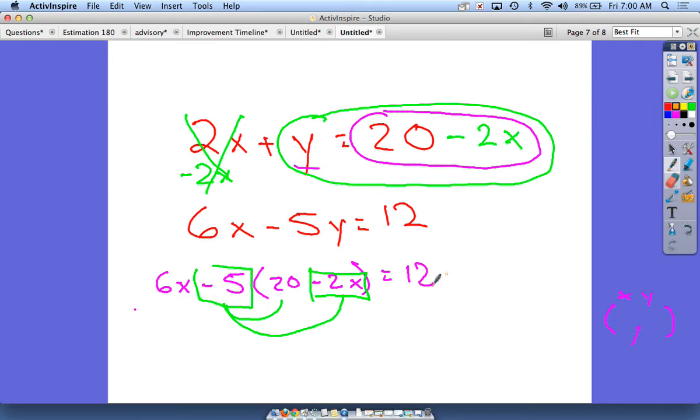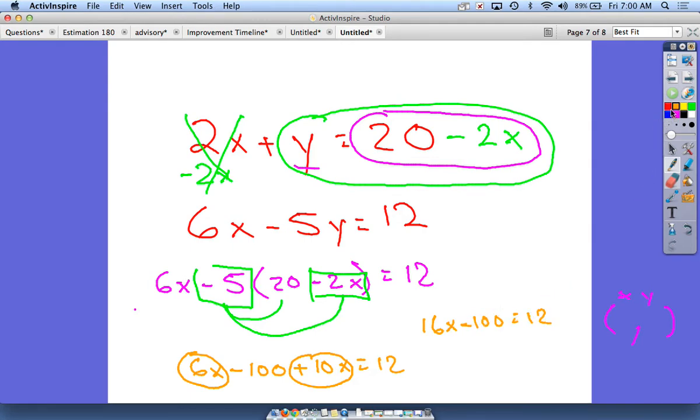So after we do the distributive property, we're left with 6x. Negative 5 times 20 would be negative 100. Negative 5 times negative 2 would be positive 10x. And then we still have our equals 12. So now I need to combine like terms. 6x, 10x, 16x minus 100 equals 12.